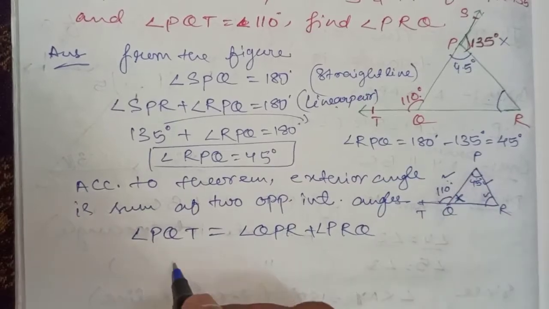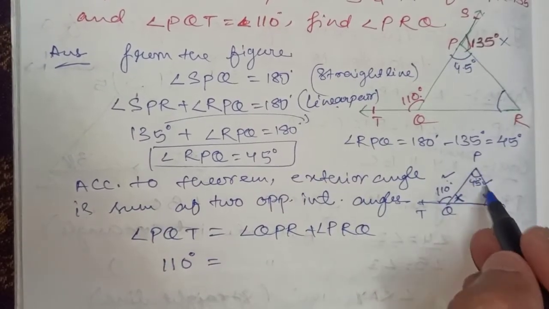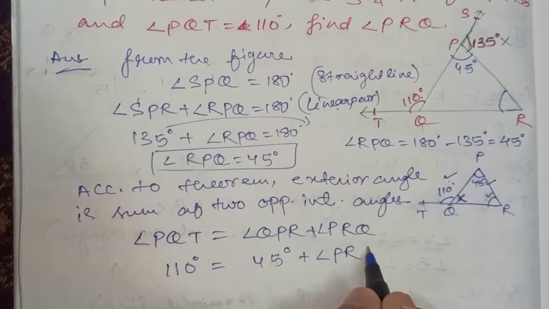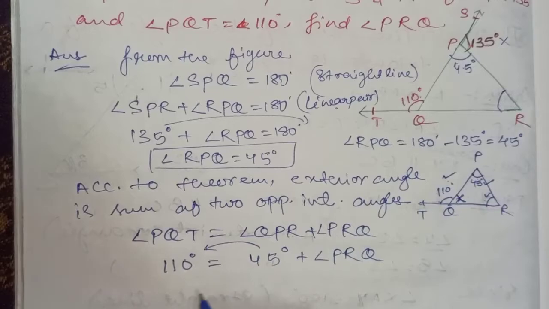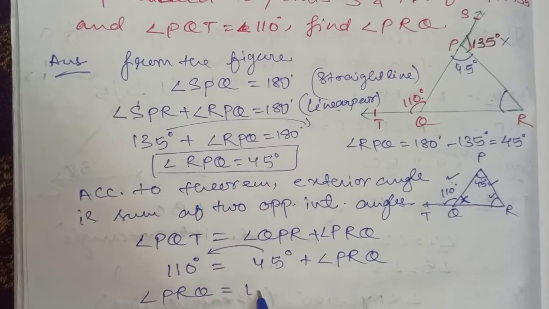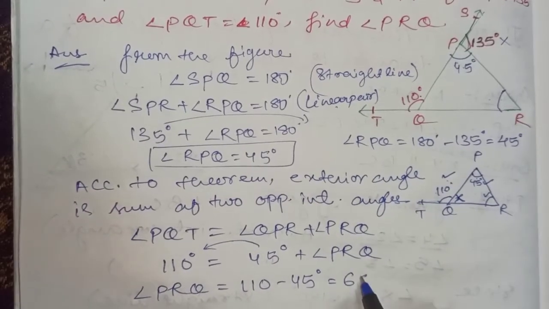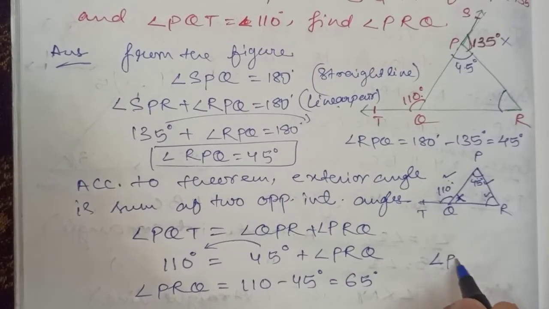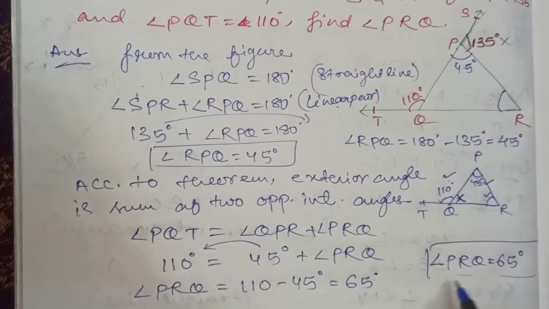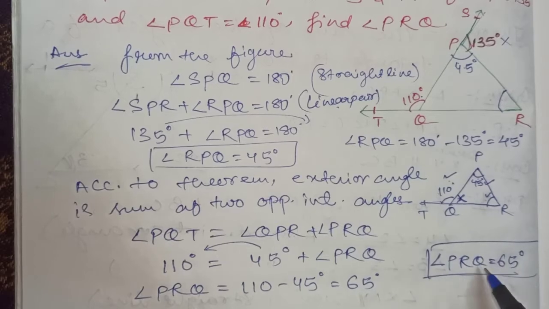What is PQT? PQT is 110. What is QPR? QPR is 45 degree, plus angle PRQ. Bring 45 this side, we will get angle PRQ equals 110 minus 45 degree. How much will we get? 65 degree. So the value of PRQ we got is 65 degree. By using the above theorem, we can easily get the value of PRQ.